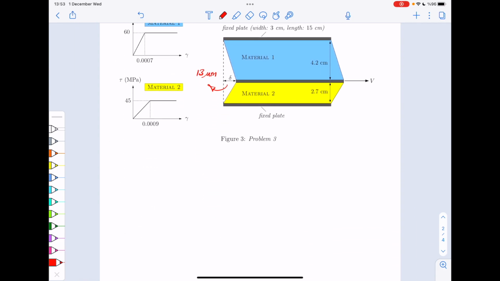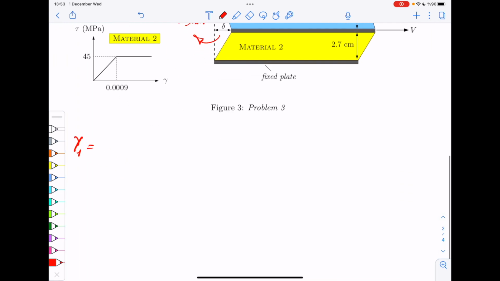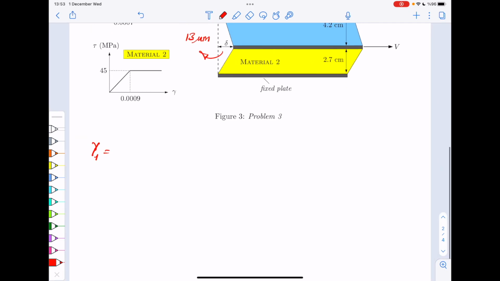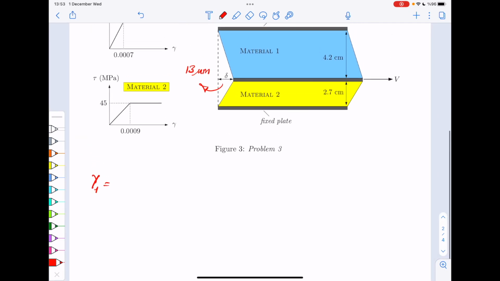If delta is 13 micrometers, again, you calculate shear strain in the first part. That would be delta divided by height of the first one. In this case, it was 13 micrometers divided by height 4.2 centimeters. Pay attention, what we get is basically dimensionless.